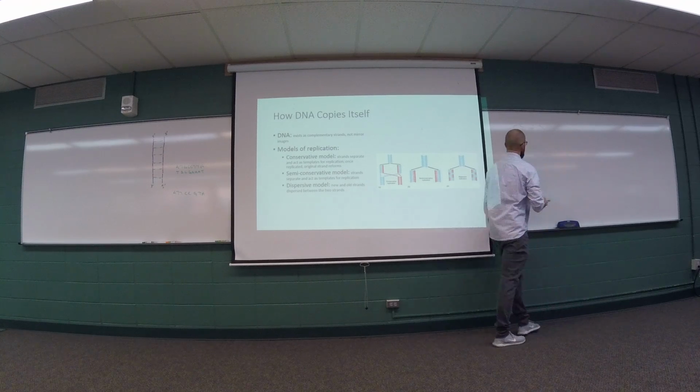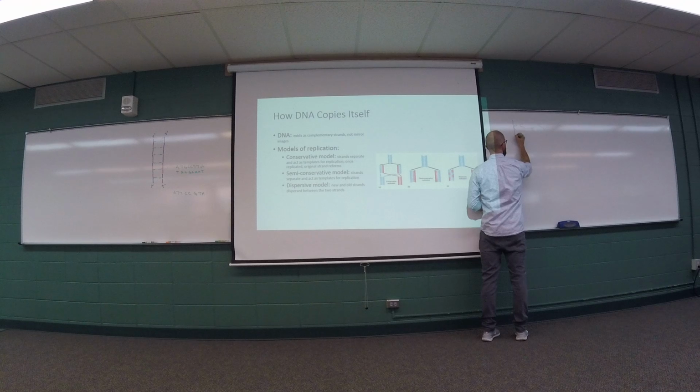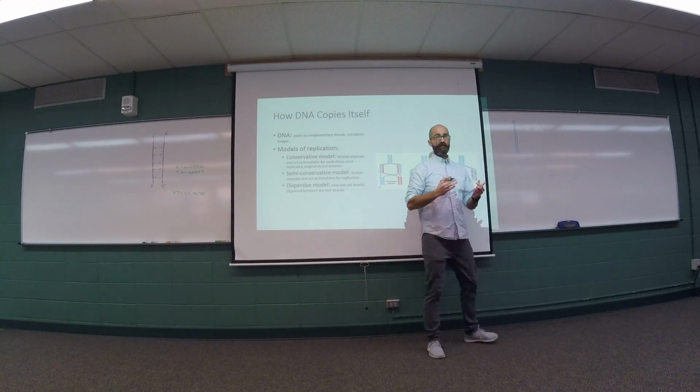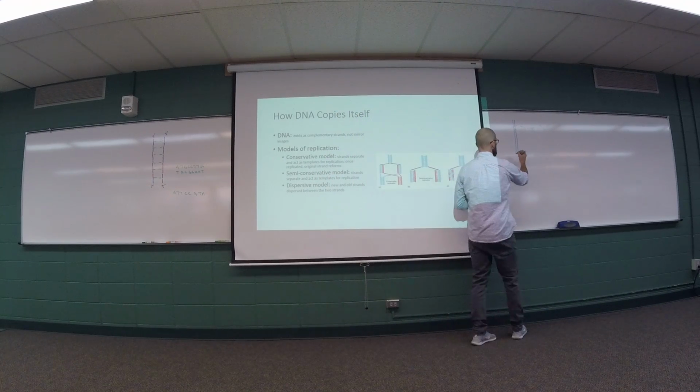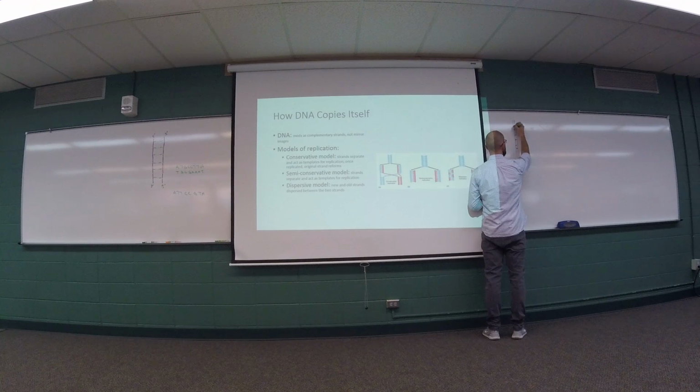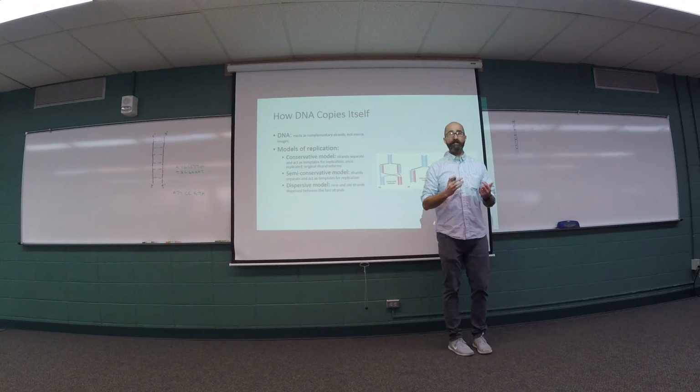Okay, so if this represents parental DNA, and during the S phase we know we want to replicate that parental DNA, then what we're saying happens is each of these strands of DNA acts as a template.